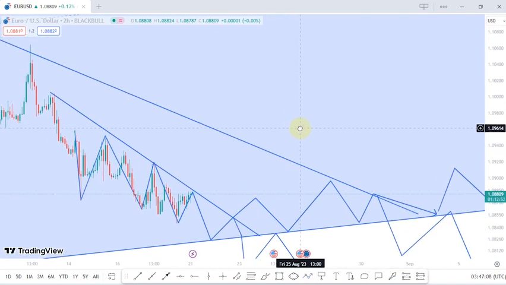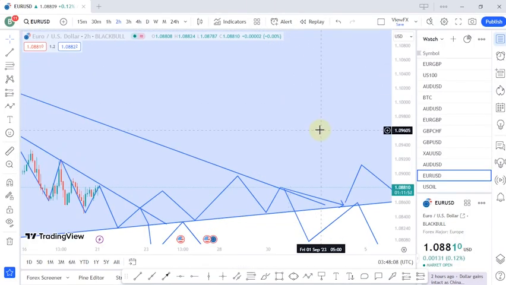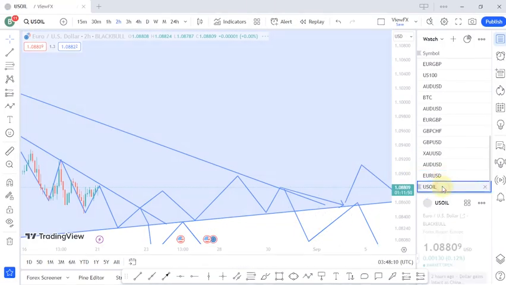That is what we expect from Euro USD this week. The next pair I want us to look at is US oil.